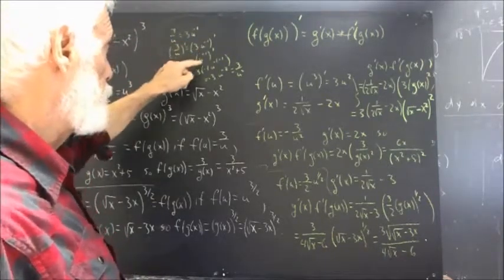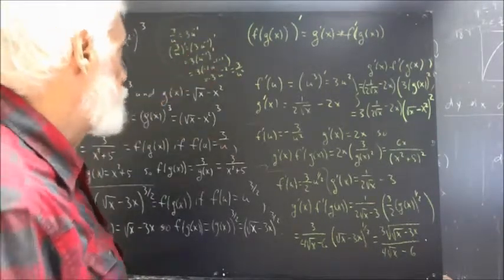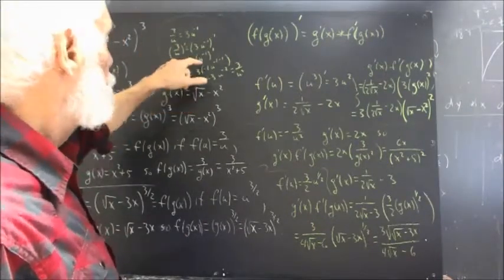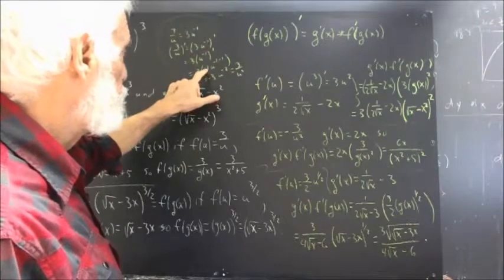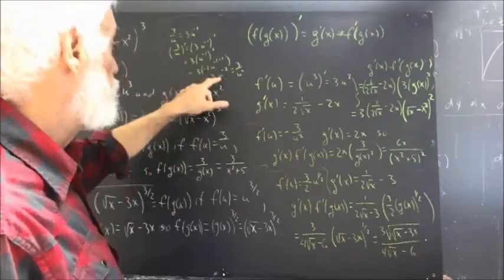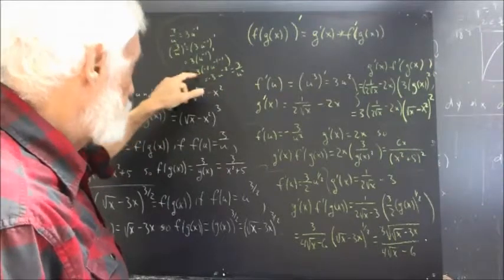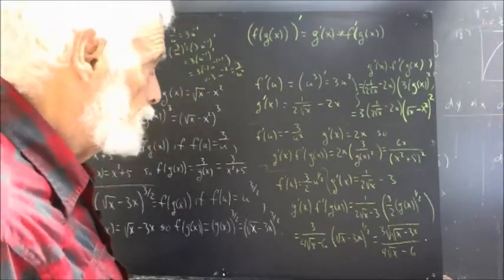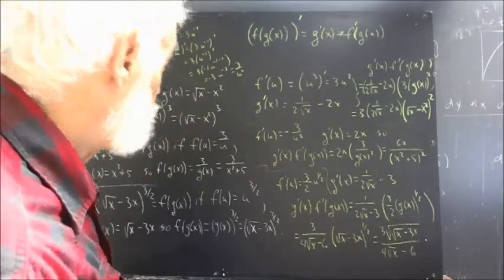We bring that out, and we have u to the negative 1 prime, of course multiplied by our 3. And the derivative of u to the negative 1 is negative 1u to the negative 1 minus 1, which is negative 1u to the minus 2. We bring the negative out here, we get a negative 3u to the negative 2, which is just 3 over u squared.